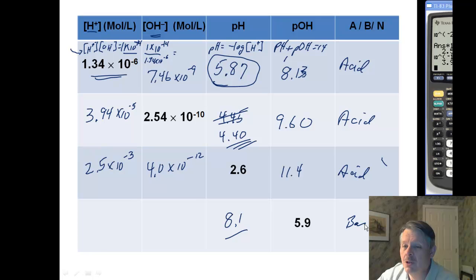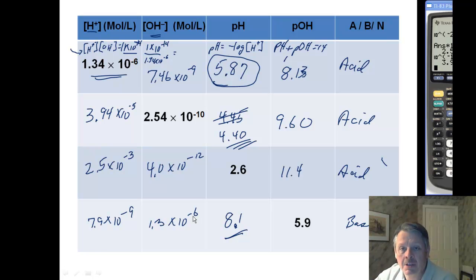Now, it's real close to being neutral, but it is still a base. Remember that neutral is 7. So if I get probably between 6 and 8, I'd probably say it was pretty neutral. My pH and my pOH, this is 7.9 times 10 to the minus 9th, and this is 1.3 times 10 to the minus 6th.